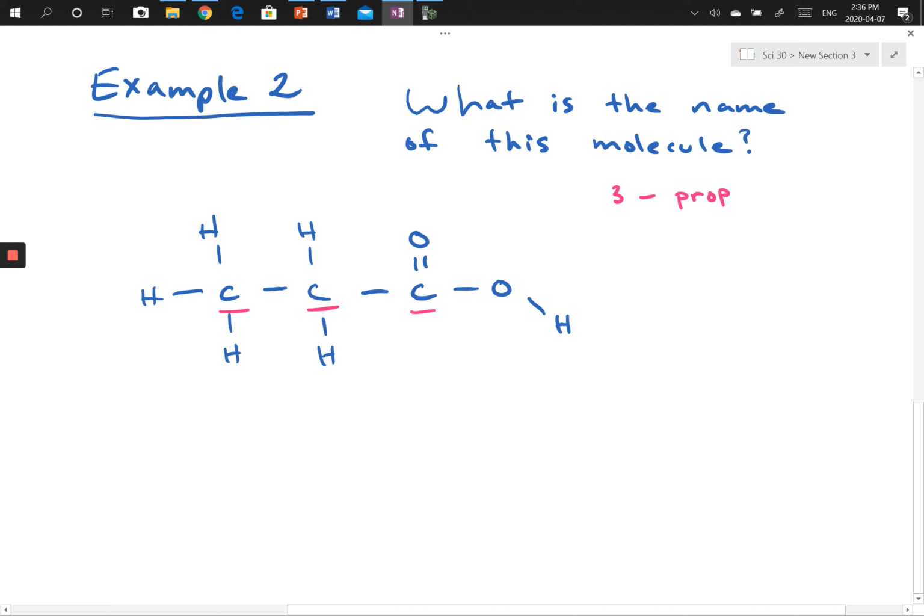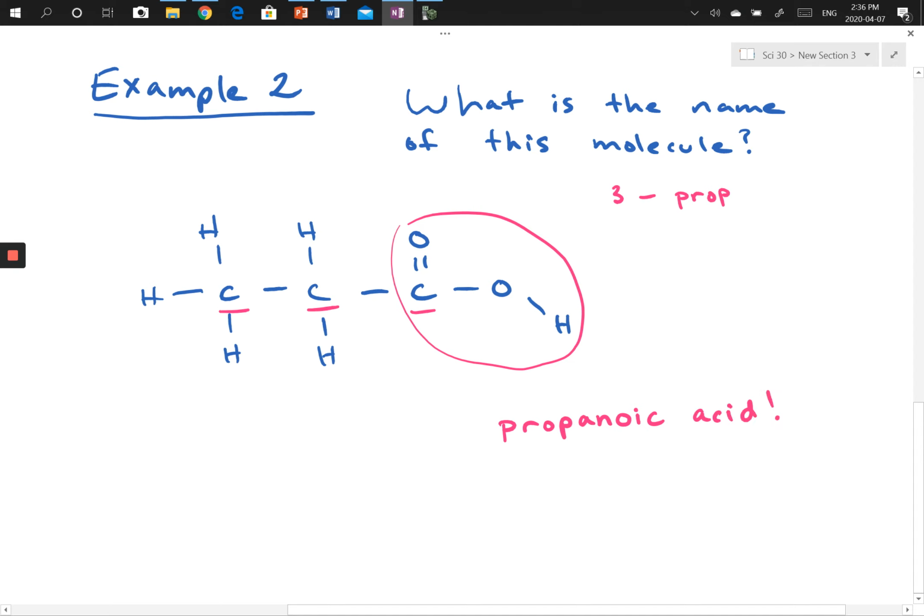Now I notice here I have my C, my double bonded oxygen, and my OH. Because of this structure on the end of this molecule, I know this is a carboxylic acid. So I have to use my naming. This would be called prop, and propane is our parent chain. Then we change the ending to oic, propanoic acid.